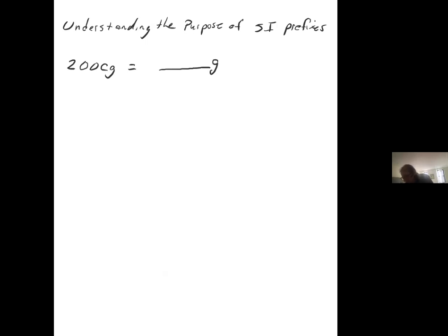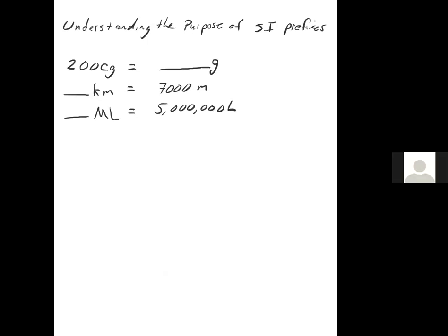The next one is how many km equals 7,000 m. The third one is how many capital L equals 5 million L for liters. And then 4,000 ms equals how many s?